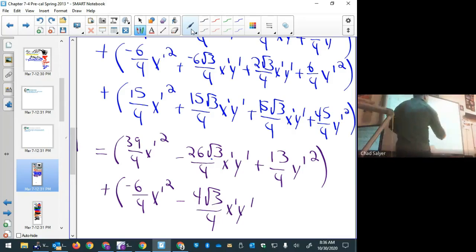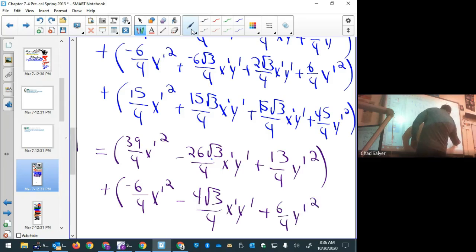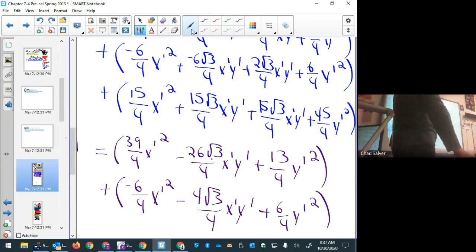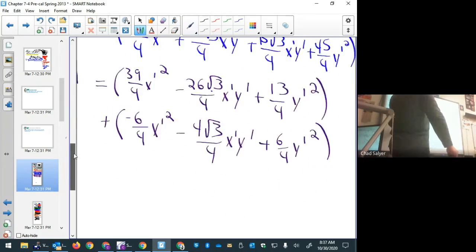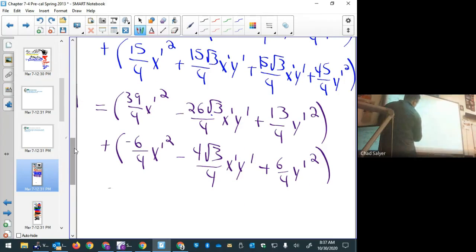And then plus 6 over 4 y prime squared. Now the very last one, we're going to combine those like terms. So 15 over 4 x prime squared.